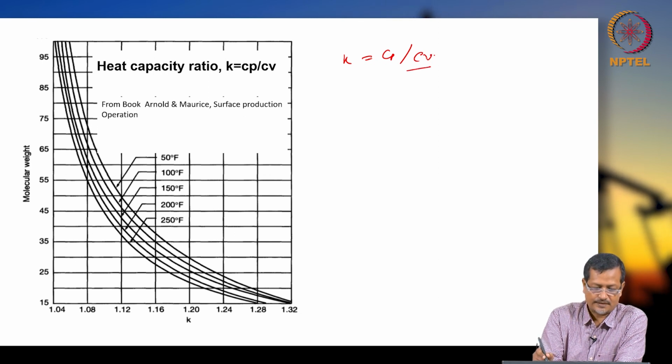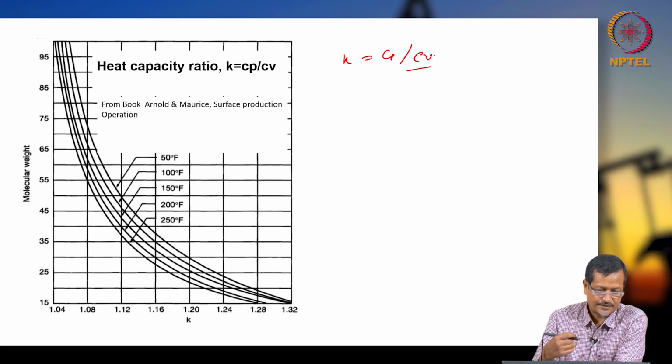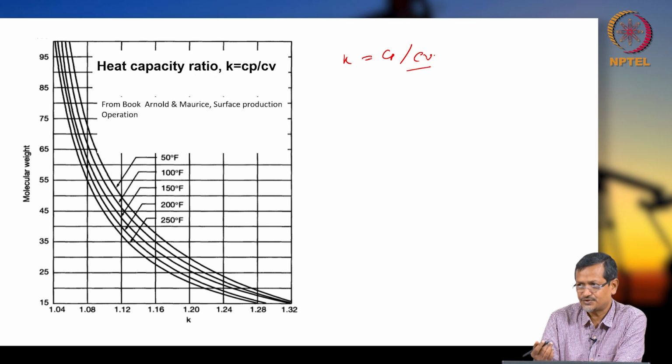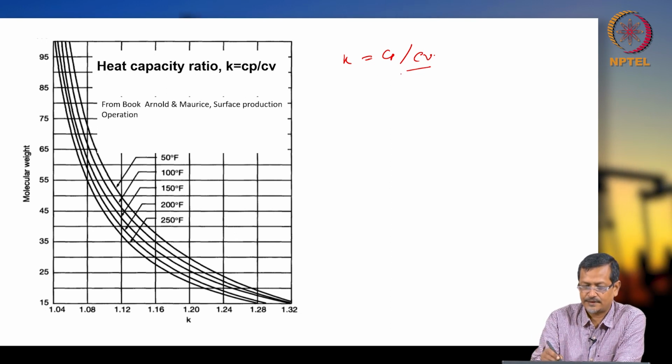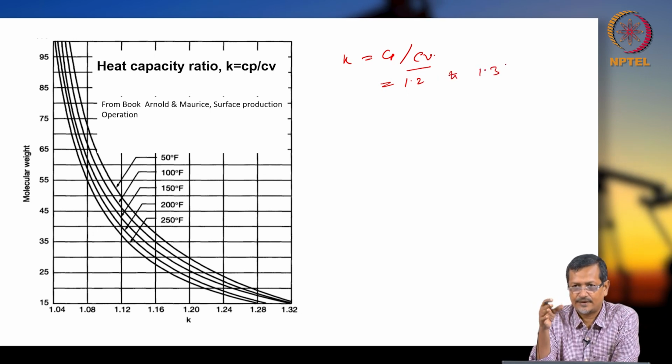Okay. This picture I have taken from a calorific book. If you see this, if your molecular weight is changing, then your K value is also changing. In our case, normally the K value will be 1.2 to 1.3, because we will have different long chain and short chain hydrocarbons.